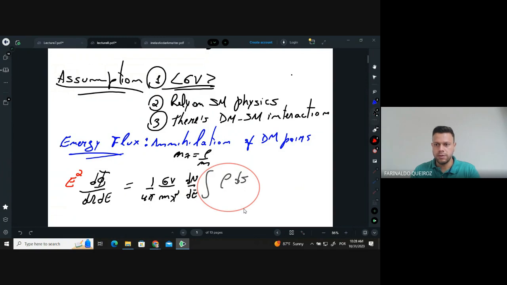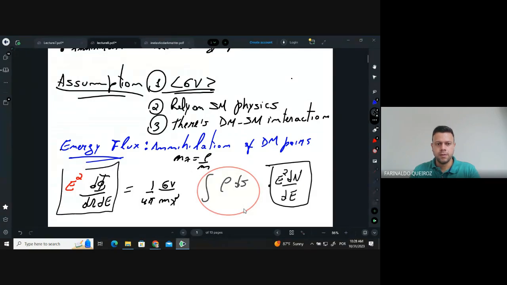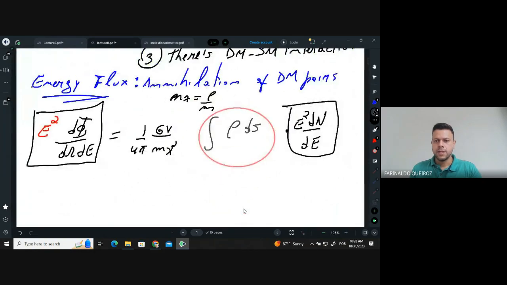Or I rewrite this thing here. Let me erase. Okay. So what I'm trying to concentrate on in the next lectures is to derive this thing called the energy spectrum.